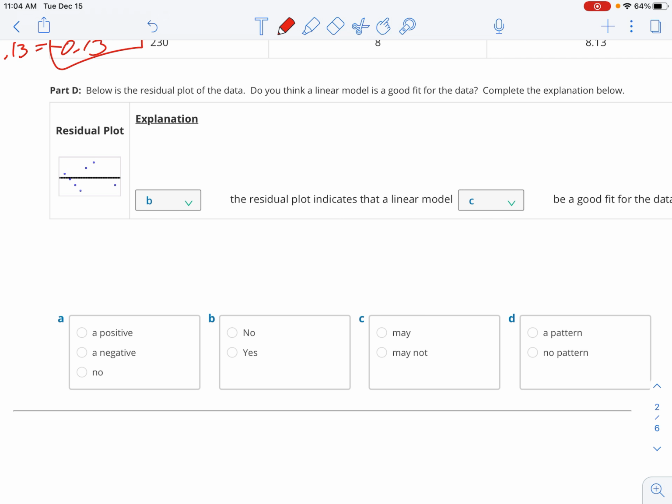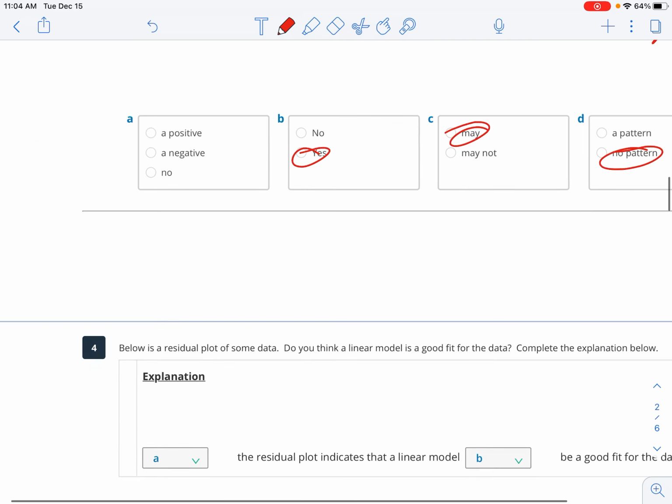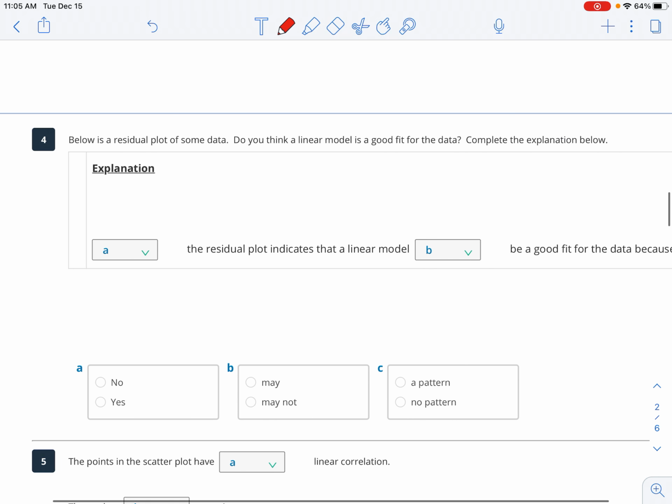No pattern means it is linear. This is box B. So we're going to say yes, the residual plot indicates the linear model may be a good fit for the data because there is no pattern.